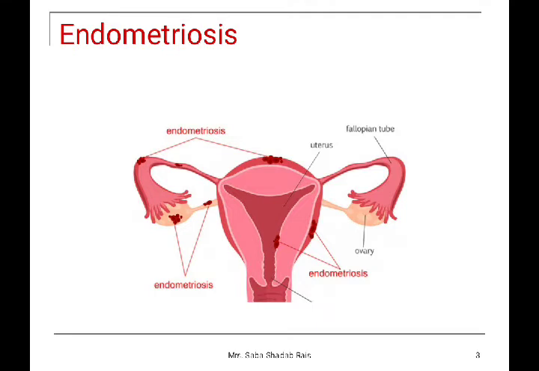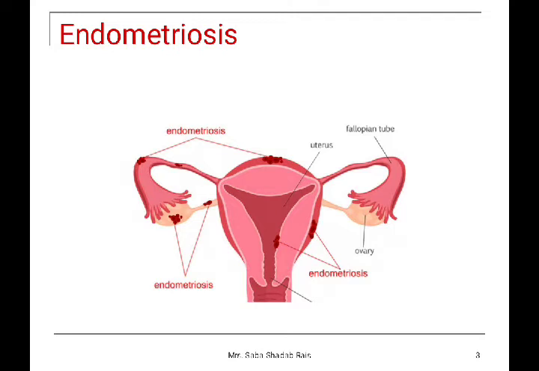But now if it is growing at an ectopic position, that means instead of the inner side of the uterus, if it is growing somewhere here, here, here, what will happen? This is also going to shed at the time of the menstrual discharge.